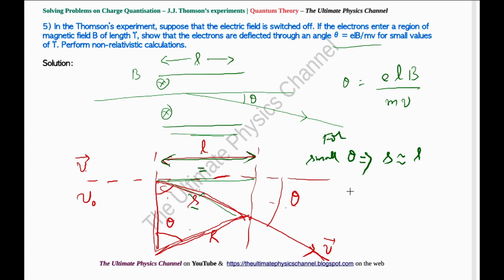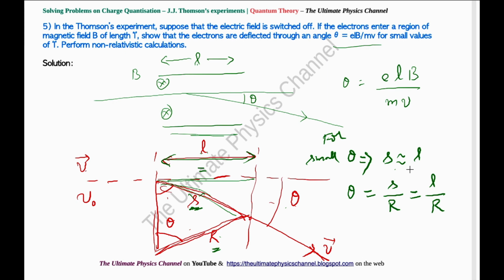Therefore we can write theta is equal to S over R, that is arc length over radius. And this can be substituted as L over R, because S is equal to L.